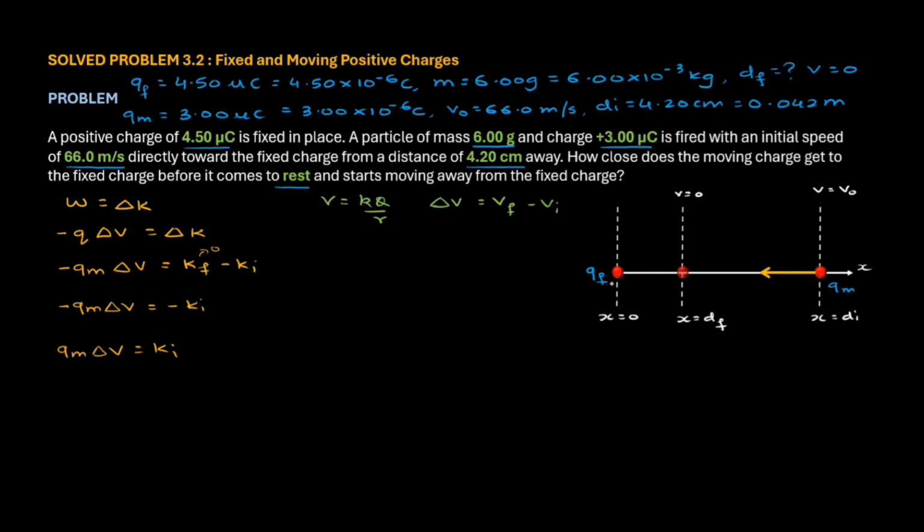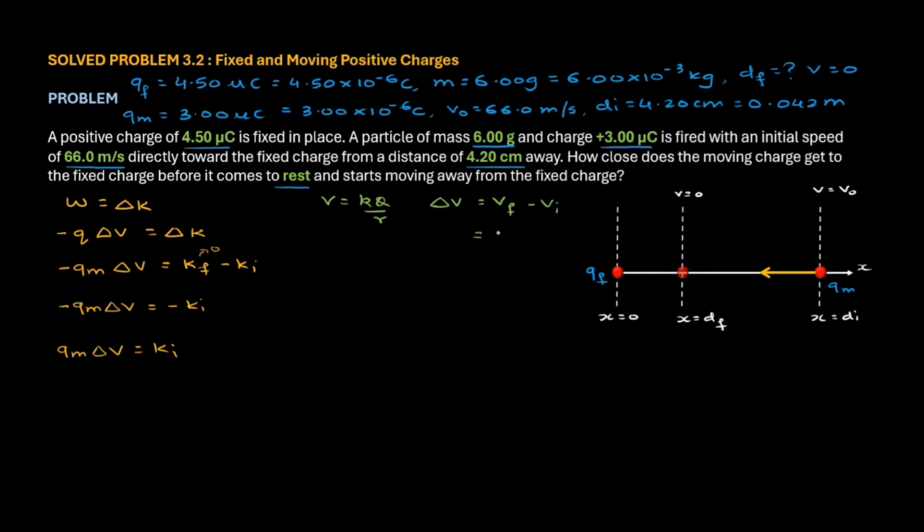The fixed charge QF is creating an electric field around itself, and because of that, you have electric potential at different points near the fixed charge. Since the moving charge is moving inside the field of QF, it experiences these potentials at different points. So when I'm calculating potential difference, this Q I have to take for the fixed charge.